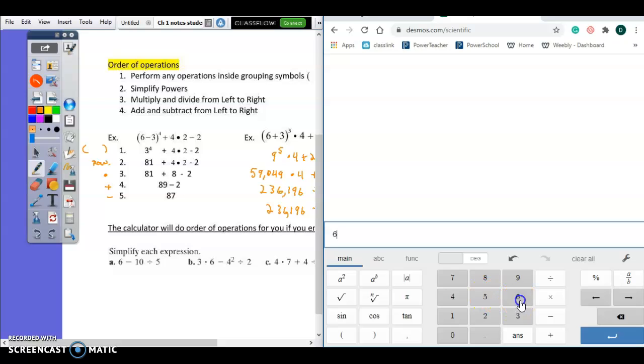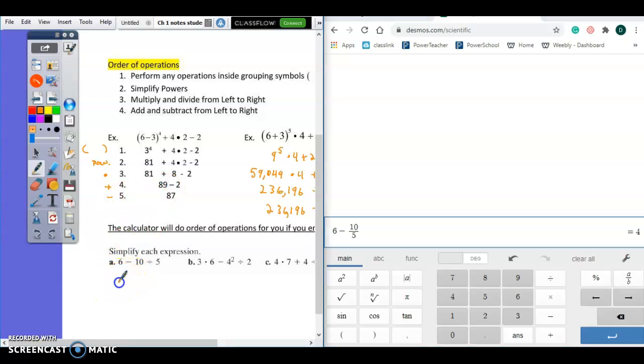So I do 6 minus 10 divided by 5. All right, so look at that. It even gives us like, hey, I'm going to divide first on that, and that equals 4. So if I do order of operations on here, let me see if this is a calculator error or if this actually works.